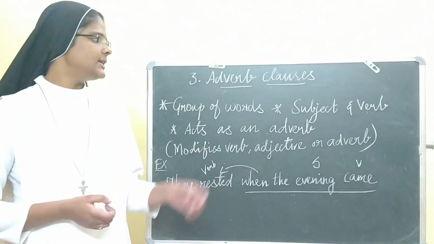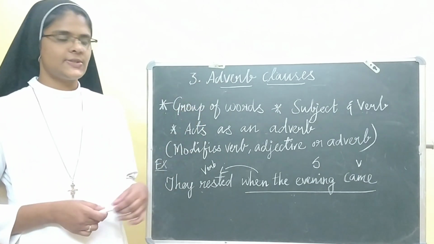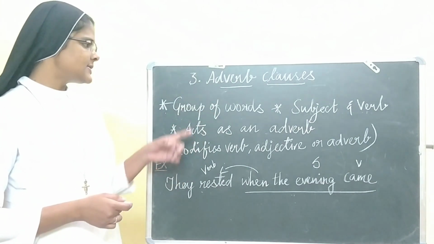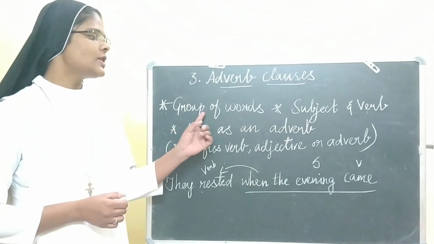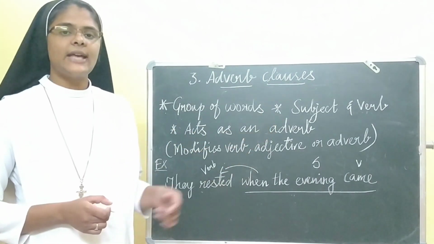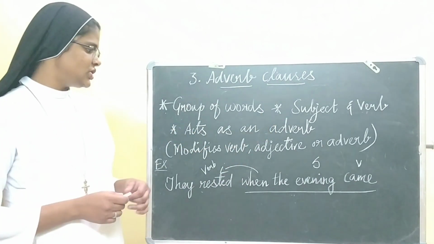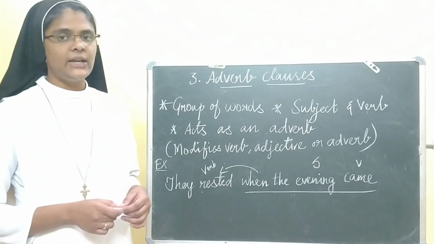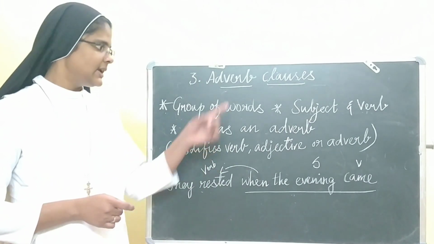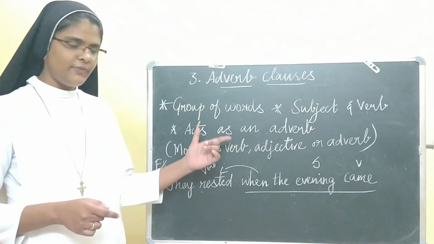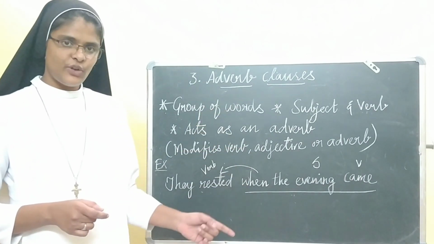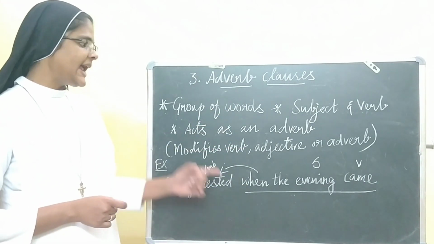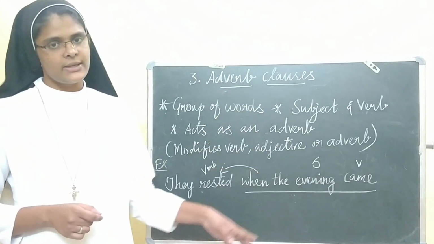Now let us see adverb clauses. What are adverb clauses? Adverb clauses are a group of words, a subject and verb combination, and act as an adverb in a sentence.